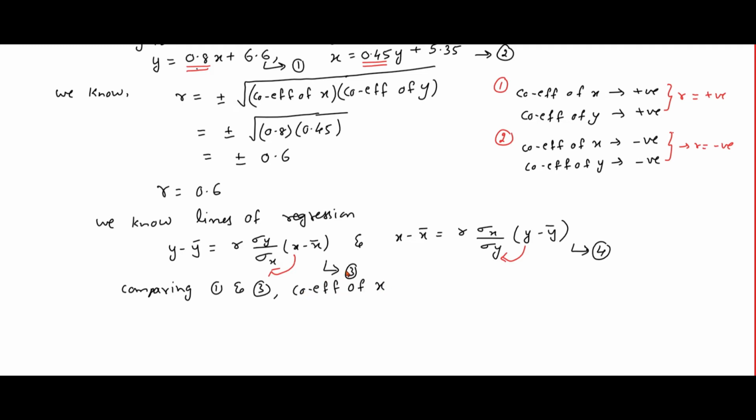So the coefficient of x in equation number 3, r sigma y by sigma x, is equals to, what is the coefficient of x in equation number 1? In equation number 1, it is 0.8. I have got one result.